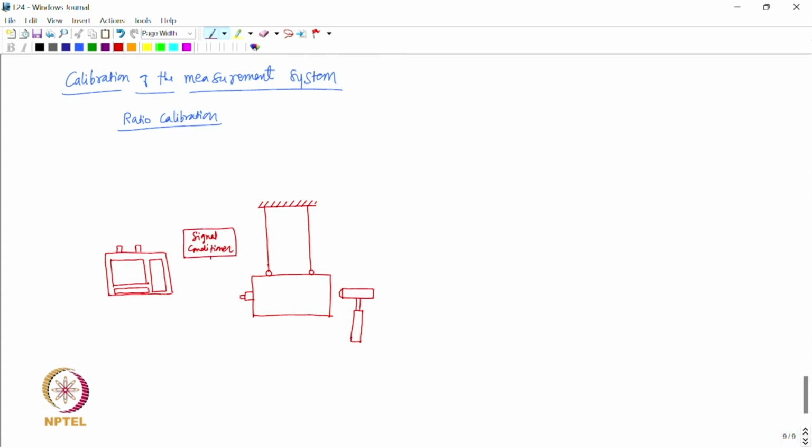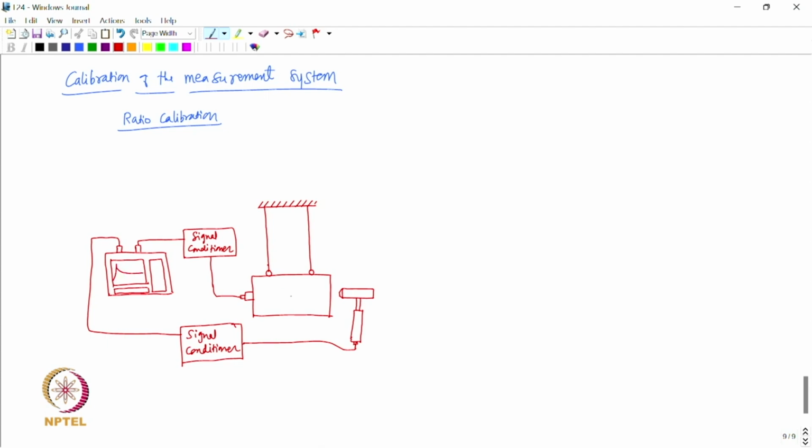The accelerometer signal first goes to the signal conditioner, and then it goes to one of the channels, and similarly we have the signal conditioner, and then we have the hammer signal also going into the FFT analyzer, and then this gives us the frequency response function like this.